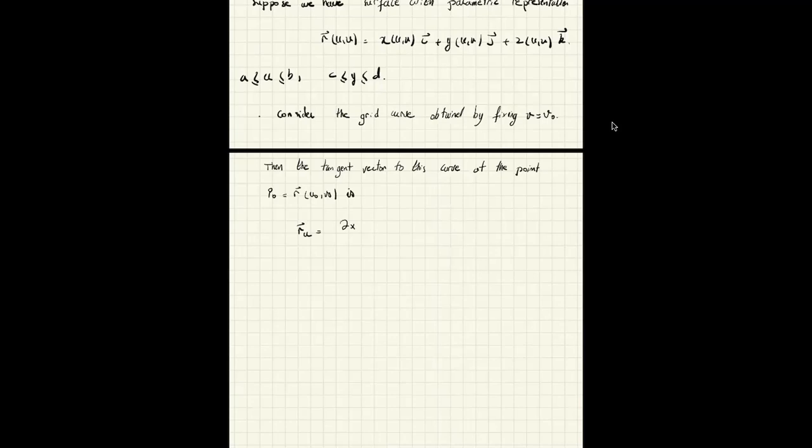You take the partial derivative with respect to u and you evaluate at the point (u0, v0), so it's del x del u. This is the tangent curve at the point (u0, v0).